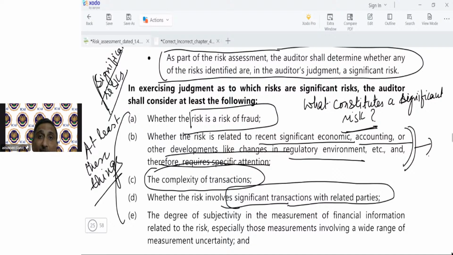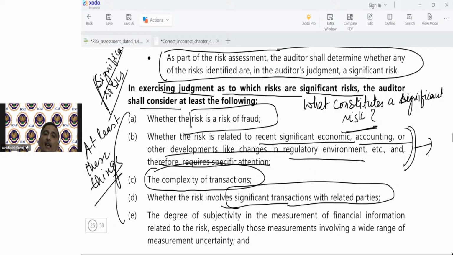It also leads to possibilities of manipulation. There could be chances of manipulation, so this would be identified as a significant risk. So what we are studying are the factors which the auditor shall consider in exercising judgment as to which risks are significant risks.